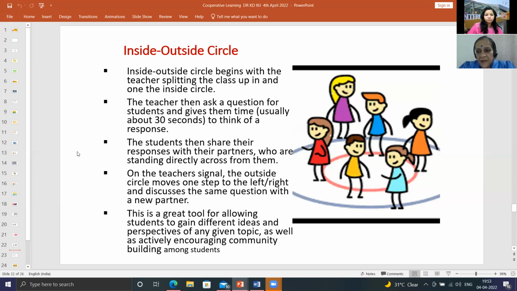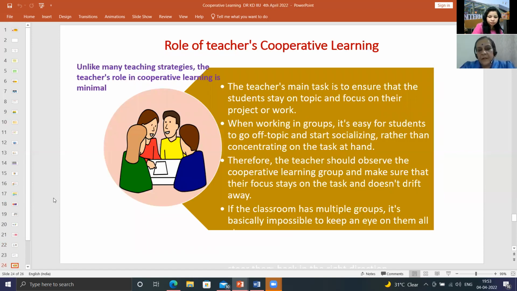In this way, students develop social skills, cohesiveness, mutual understanding, interaction, equal participation, and they enjoy learning. Learning while entertainment, learning while doing. The concept of learning while doing.